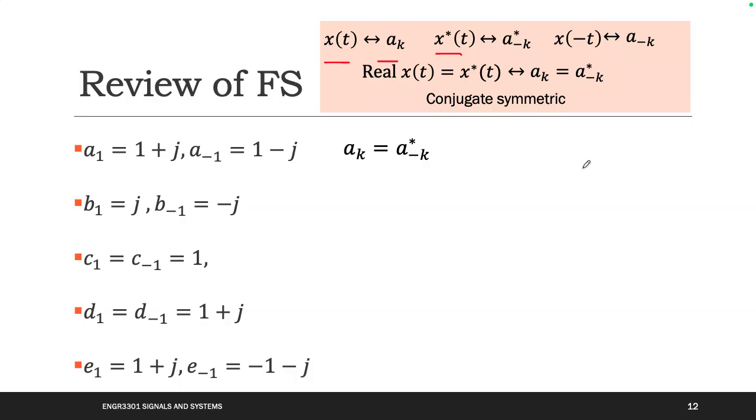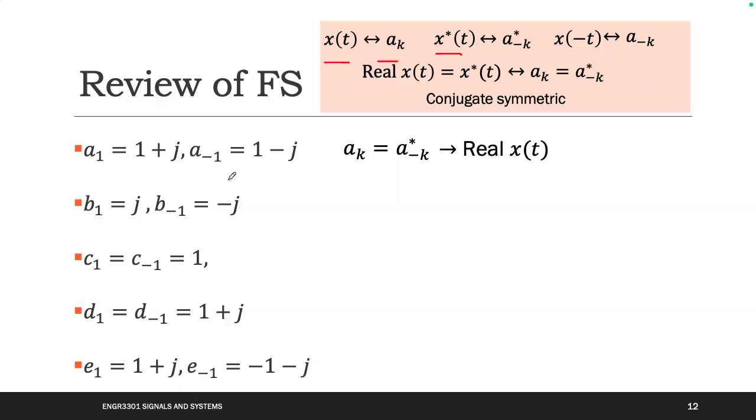Am I right? Which means this signal is a real signal. Does that make sense to you? Any question? If I just write a_1 and a_-1, it means the others are all 0.